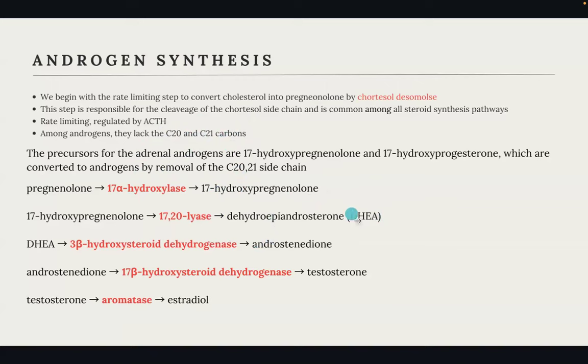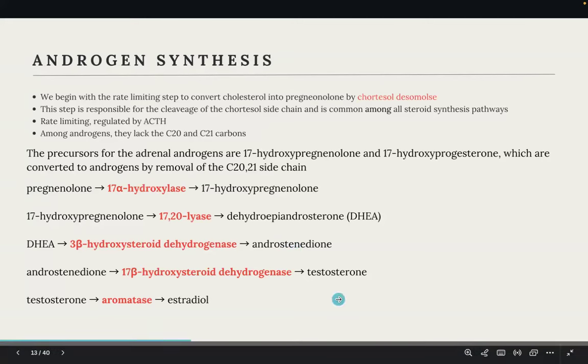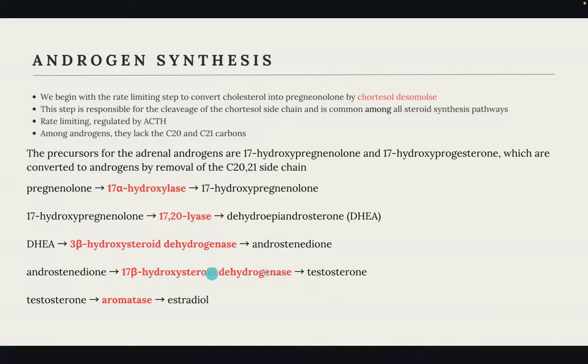Now, DHEA in and of itself is an androgen, but I could convert it further by 3-beta-hydroxysteroid dehydrogenase into androstenedione. Now, androstenedione is still weak. If I want to create a more potent androgen, I want to create testosterone, right? So I'd undergo 17-hydroxysteroid dehydrogenase. This enzyme was not mentioned in your slides.